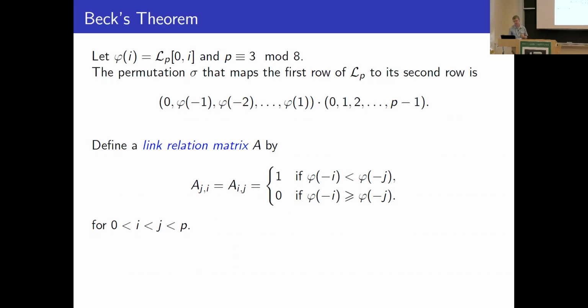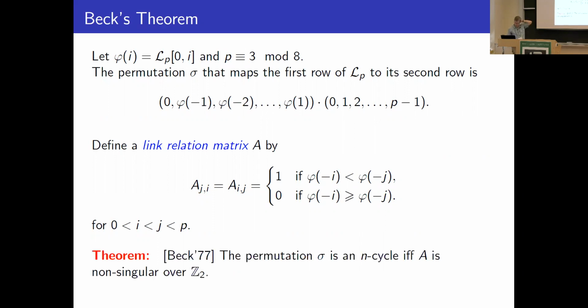And his theorem says that this permutation that I'm interested in, the permutation at the top of the slide, is an n-cycle if and only if this link relation matrix is non-singular. So we've taken this question, which is quite a tricky number theory question, and we've made it linear algebra, and that seems like progress, right? Actually, Beck's theorem is way more general than this, but this is what we need from his theorem for our purpose.